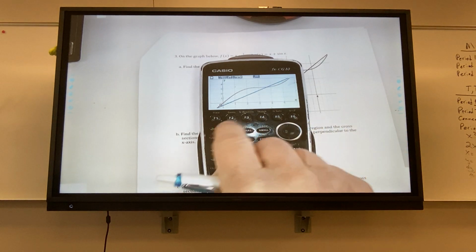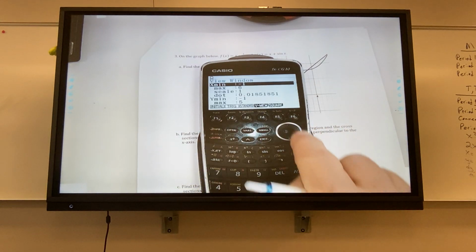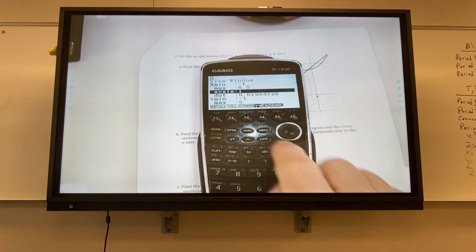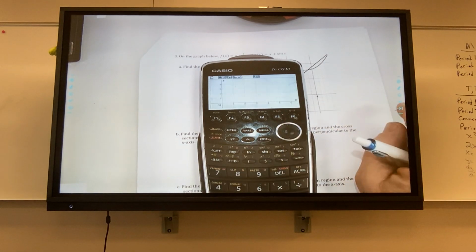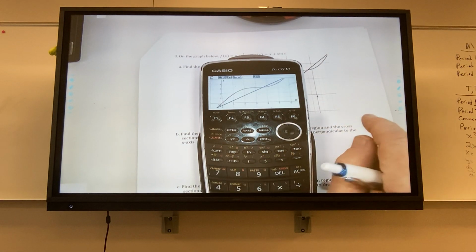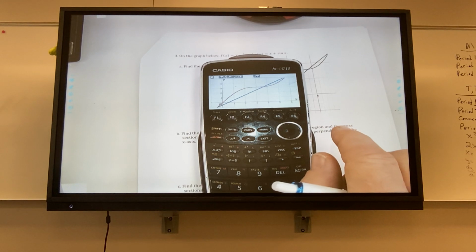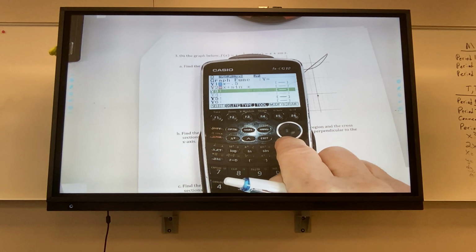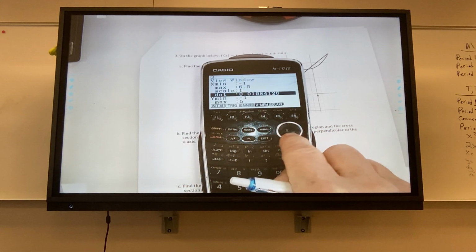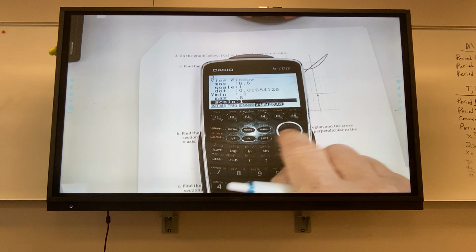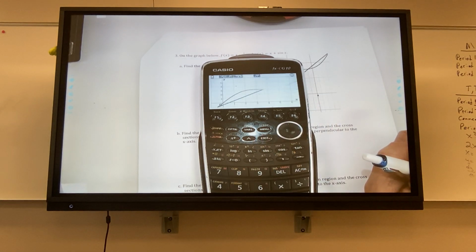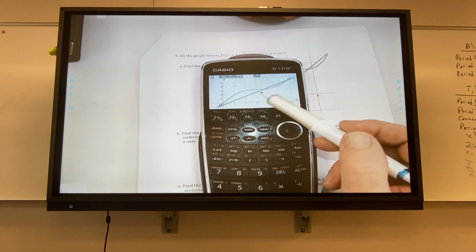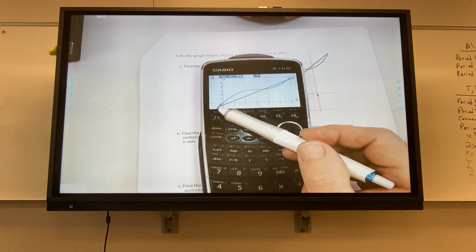I'm going to go 6.5. Oh, shoot, maybe I want to get that intersection. I'm going to go up a little bit. Yeah, perfect.